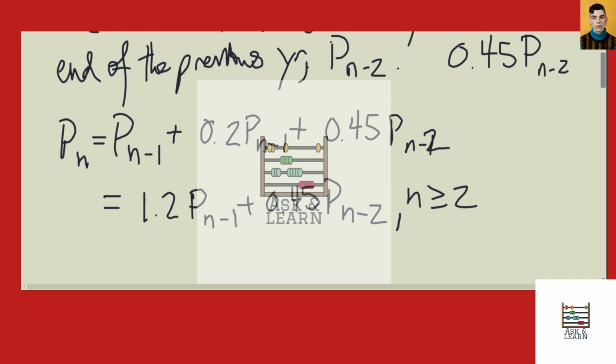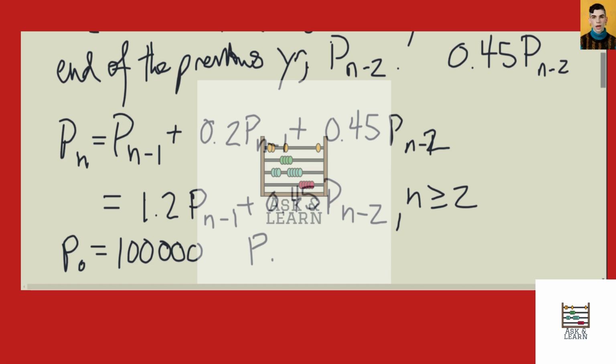And we're told that the initial condition is a deposit of $100,000. So P0 is $100,000. And after the first year, we only receive the first dividend, which is 20%.